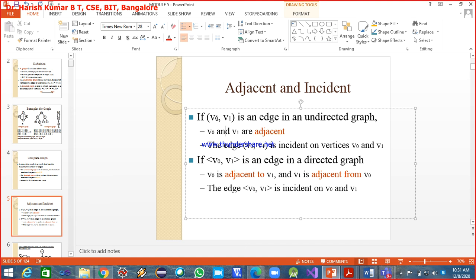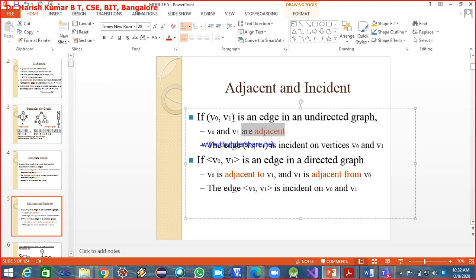I can write it as v0 comma v1, or as v1 comma v0. This represents an edge in an undirected graph. Here v0 is a vertex and v1 is another vertex, and they are adjacent vertices, because they are connected by an edge.